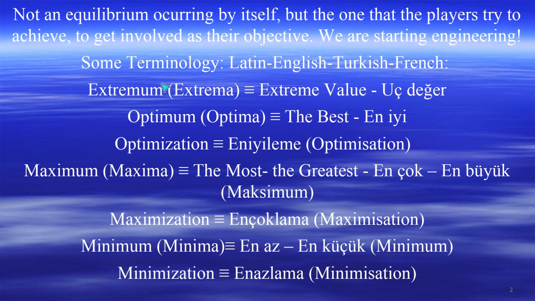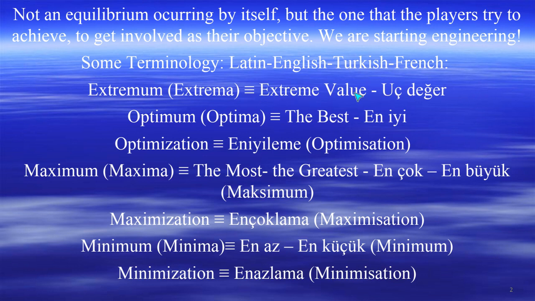All right. First, let's start with some terminology. Here we will learn the necessary terminology in Latin, English, Turkish, and French, because we use it in several different contexts, and most of the terminology is common, but each word is pronounced according to each language's pronunciation. So the first word is extremum. Extremum in Latin, extremum in English, and extremum in French, and we can say in Turkish, uç değer.